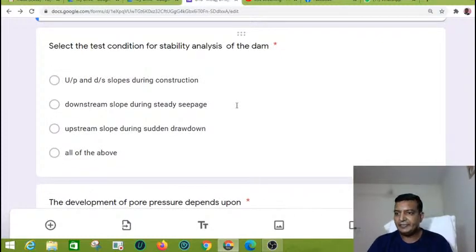Select the test condition for stability analysis of the dam. Upstream and downstream slope during construction is to be checked for safety. Downstream slope during steady seepage should be checked. Upstream slope during sudden drawdown should be checked. All of the above.